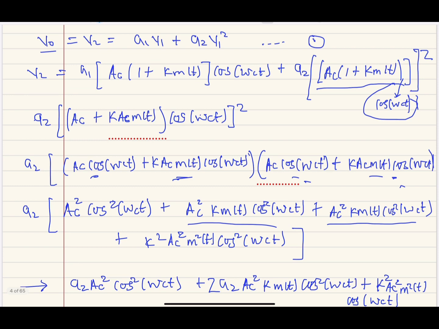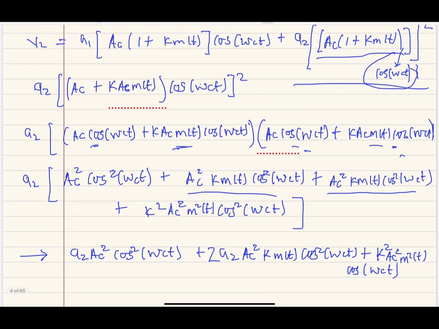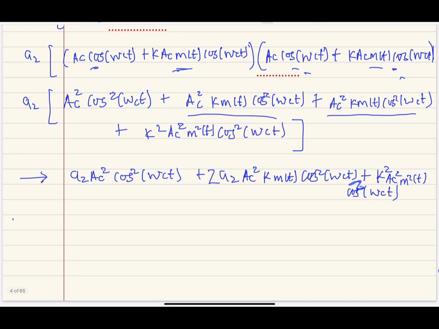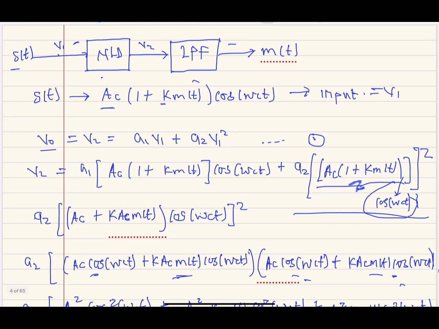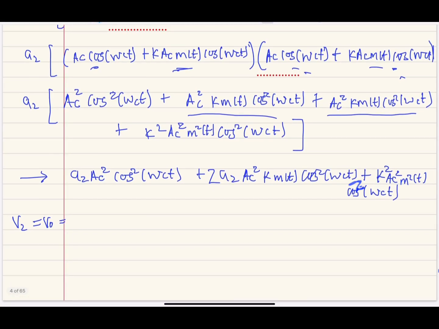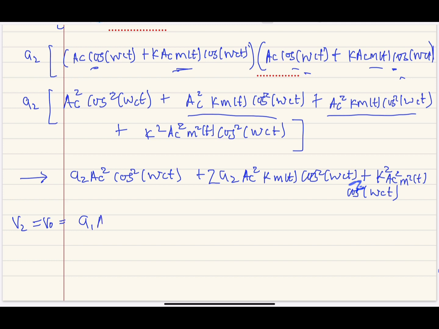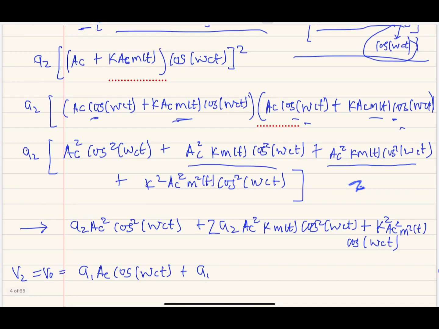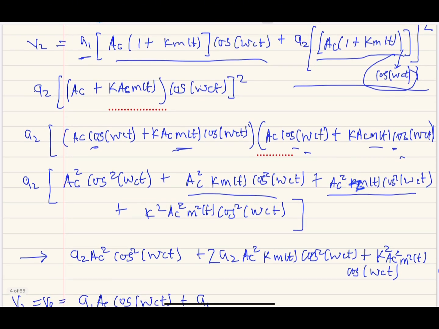This is only the right hand side. Therefore, adding the left hand side, the output of our nonlinear device is going to give us this one multiplied through. We are going to get A1 AC cos omega ct plus A1 K AC m of t cos omega ct.